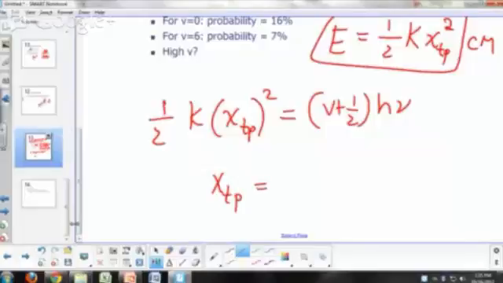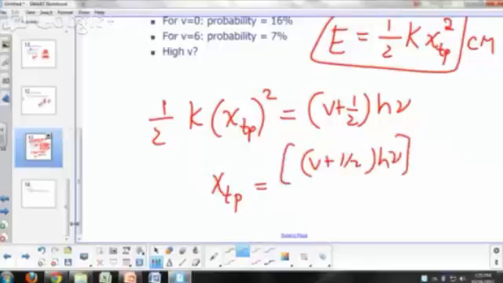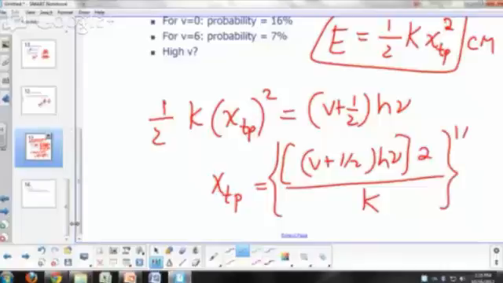That would be equal to v plus 1/2 h nu times 2 divided by k, and then take the square root of the whole thing, right? So plus or minus.